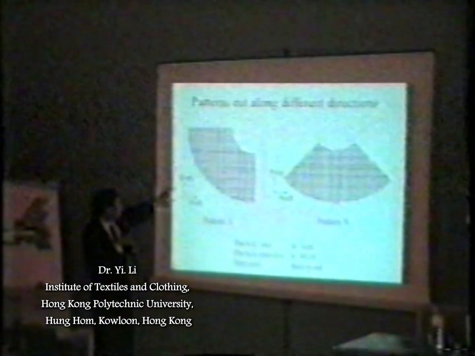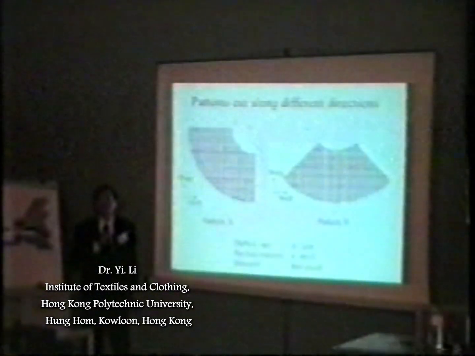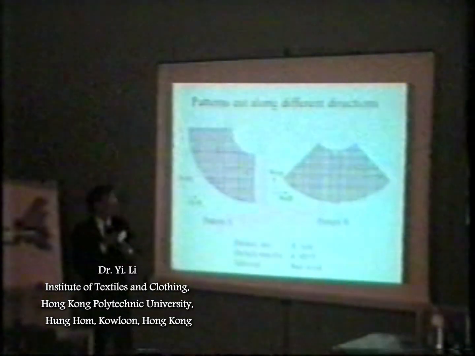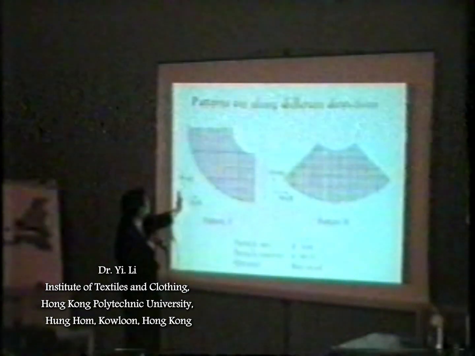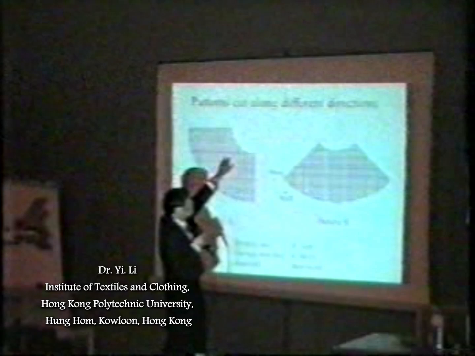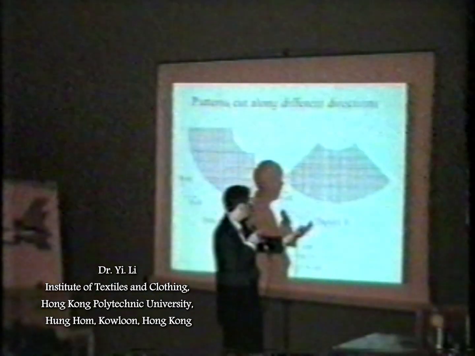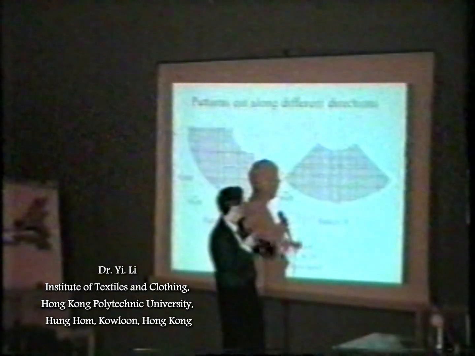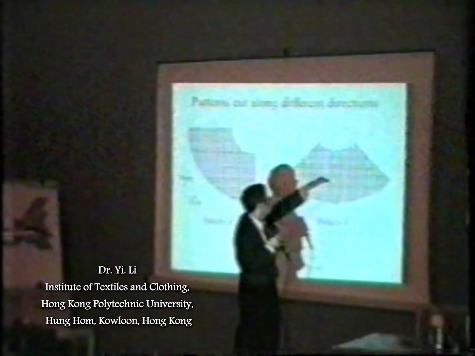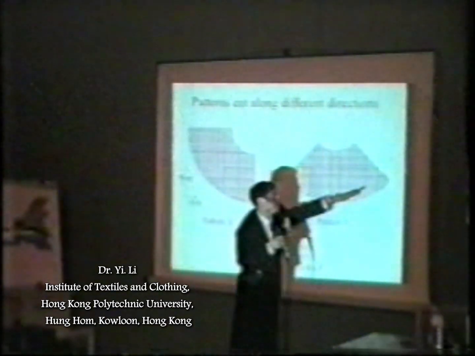So we carry out an experiment and analysis for the same iron fabrics with two different dimensions of cutting. One is on the warp direction and the weft direction, so cutting this way. Another one is we cut in the diagonal or bias direction. That's the warp and that's the weft. We cut in this shape.